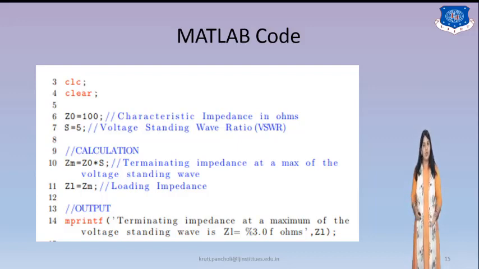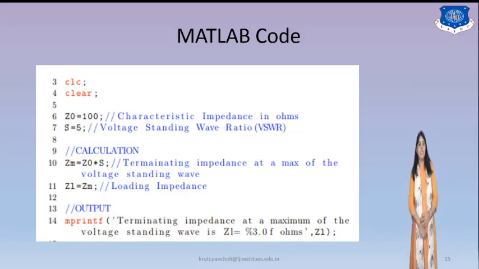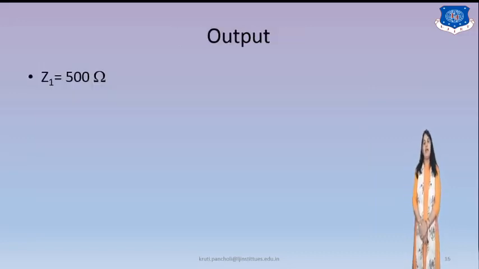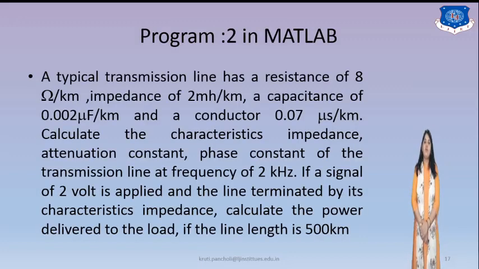We can write the programs in Scilab also and solve it. So it is the terminating impedance at a maximum of the voltage standing wave. Z1 is equal to this, so we can calculate the value of Z1. It is 500 ohm.